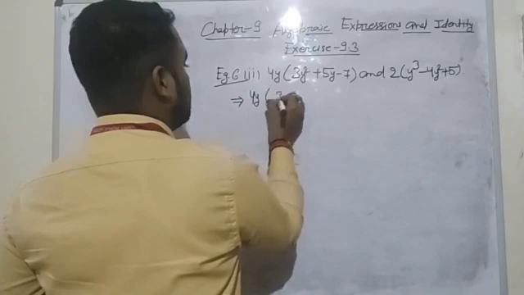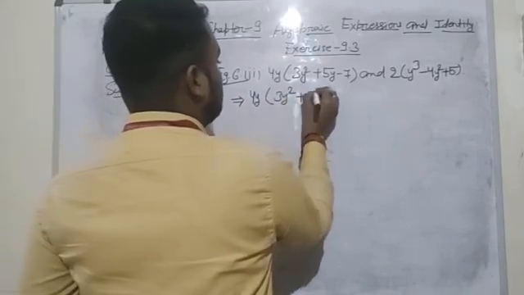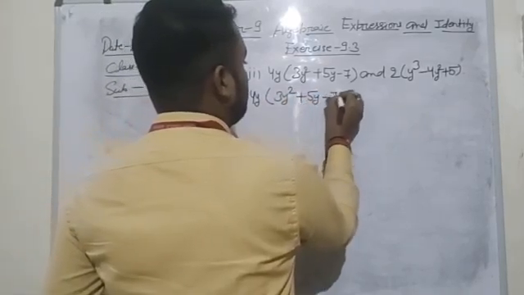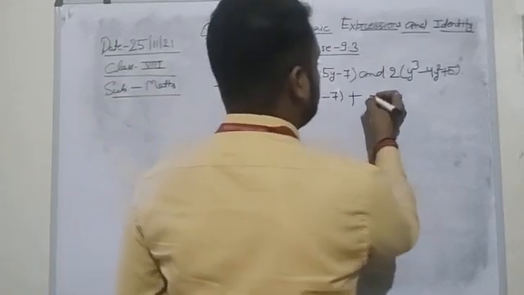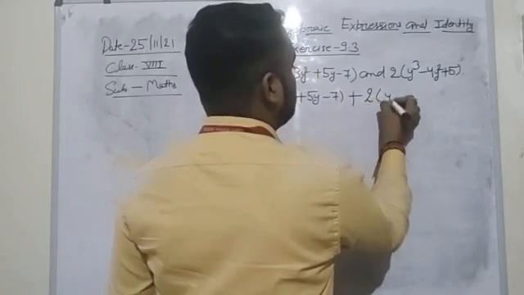So it is written as minus 7, and in the place of 'and' we put a plus sign because we have to add both the expressions.